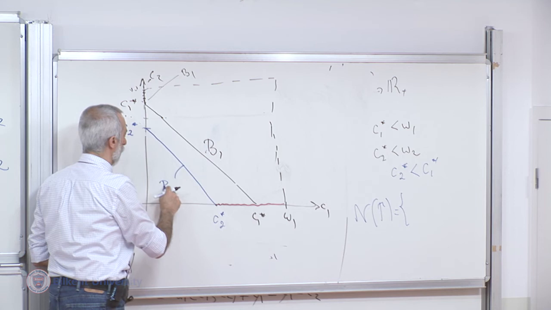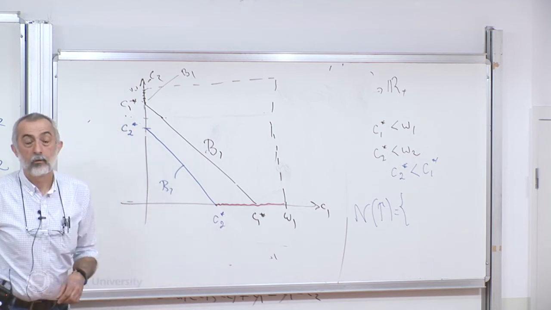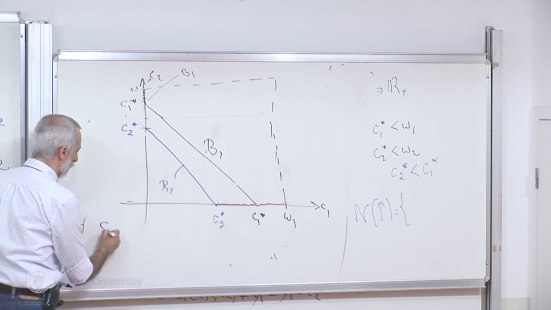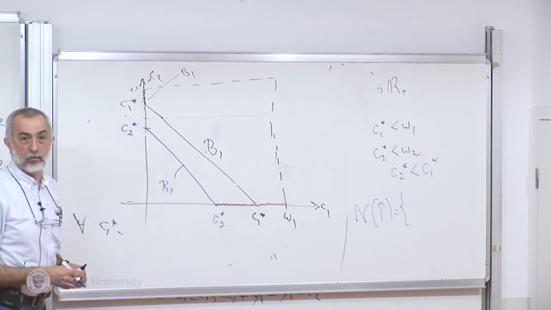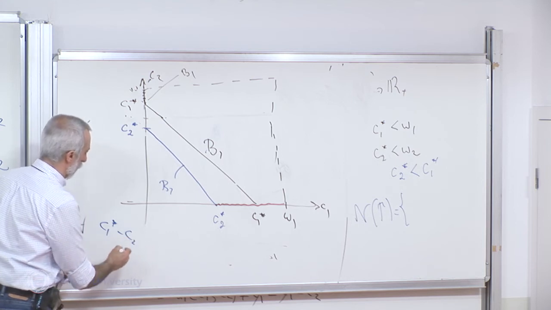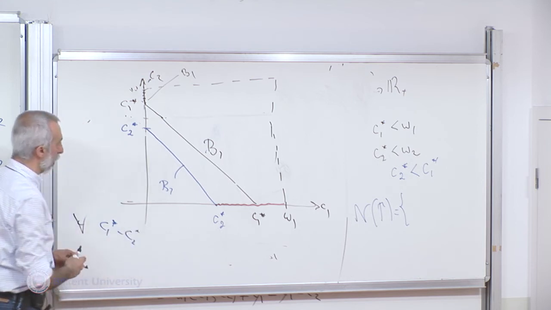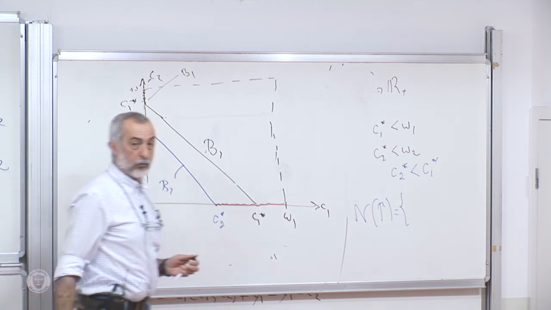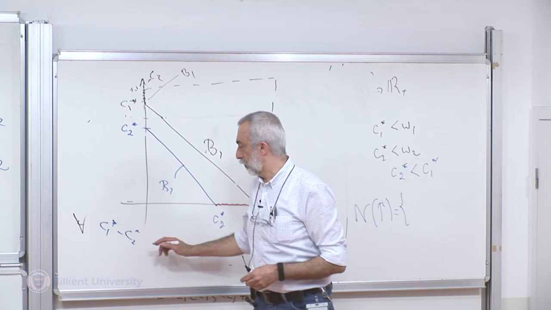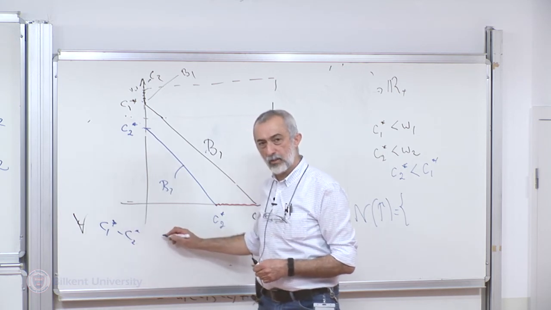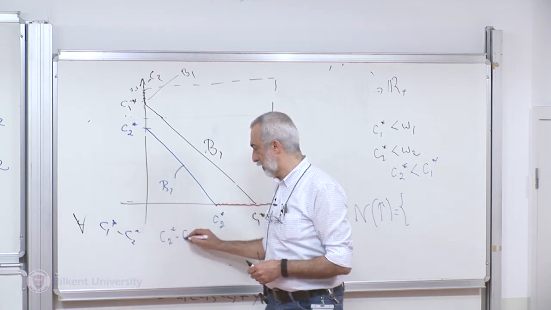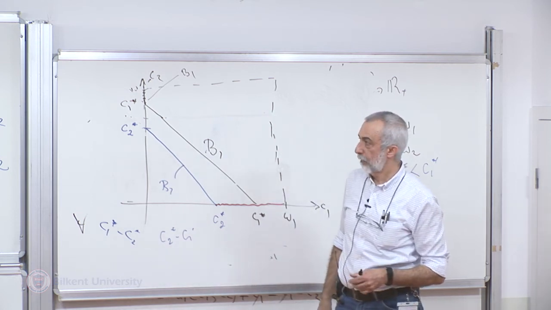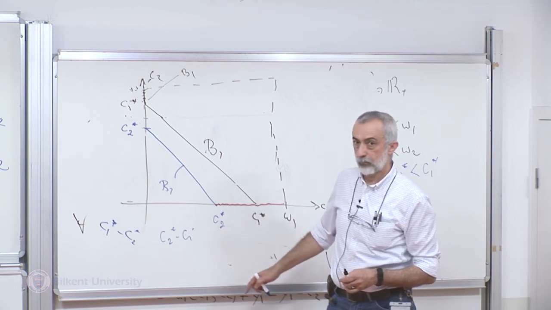This is C1 star minus C2 star; according to this picture, yes, it is positive. So it means that C2 star minus C1 star is negative, which means that the best response of firm 2 should be 0.